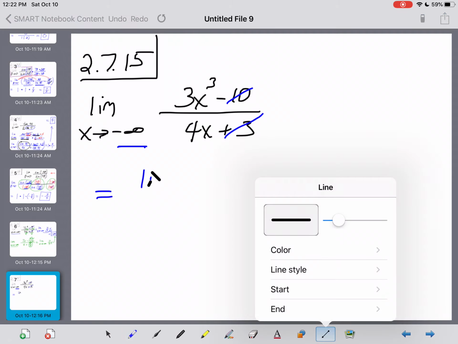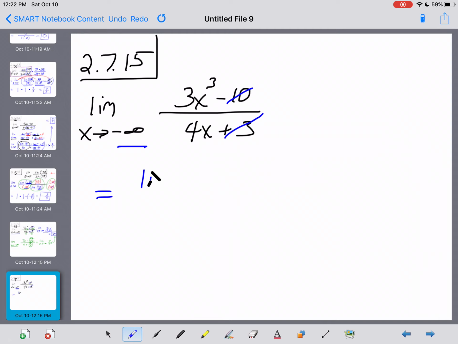So this is the same as the limit as x approaches negative infinity of, really, this is a 3x cubed over 4x. So I'm going to put a 3/4 out in front, and x cubed divided by x is going to leave us with an x squared.